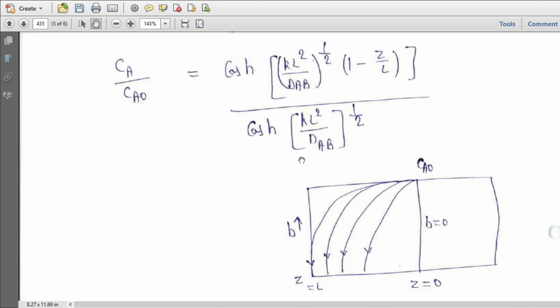This term is constant, the cosh becomes sinh of all these functions, and then you differentiate the bracket term with respect to z, where again (k L square upon dAB) to the power 1 by 2 is constant, so that gives 0, and this gives minus 1 by L.